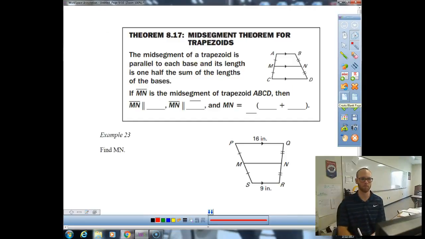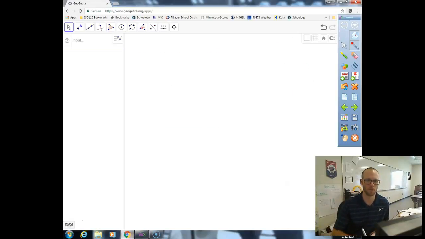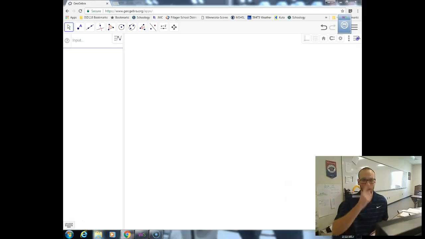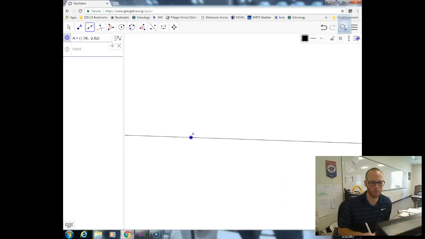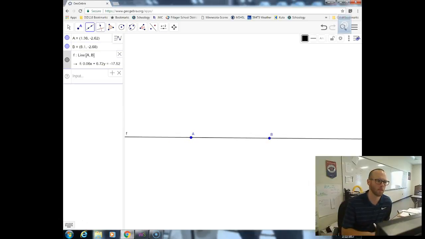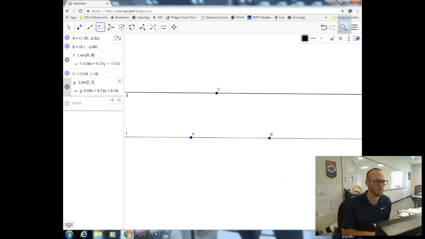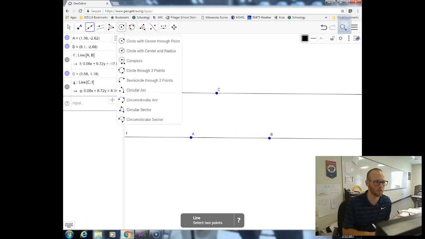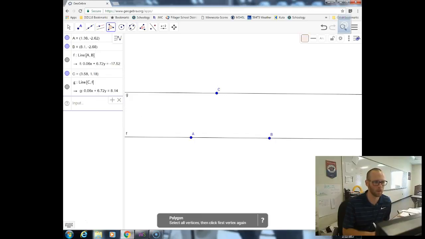Okay, midsegment theorem for trapezoids. I want to jump into GeoGebra here and explore this midsegment concept. So I'm going to start off by making a trapezoid. I'm going to have to use parallel lines to do that, and I'll go to our polygon tool.